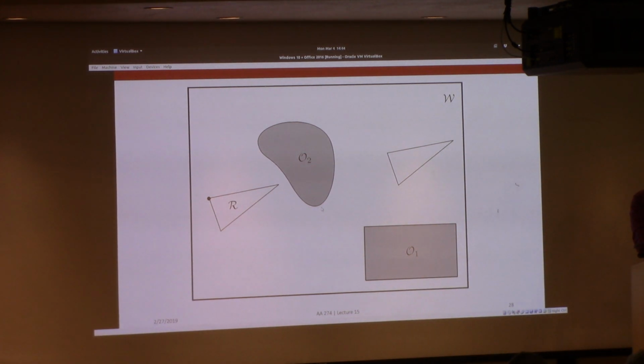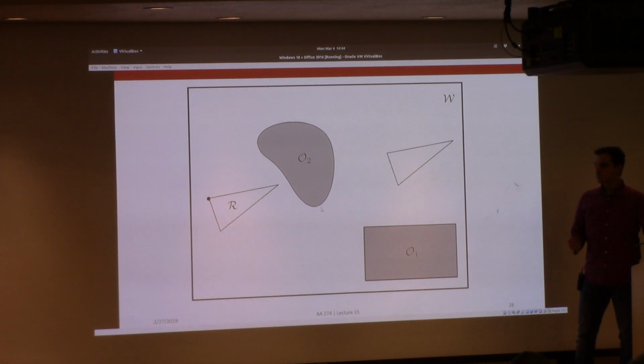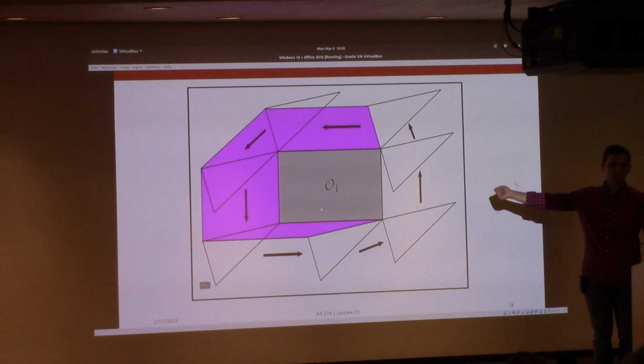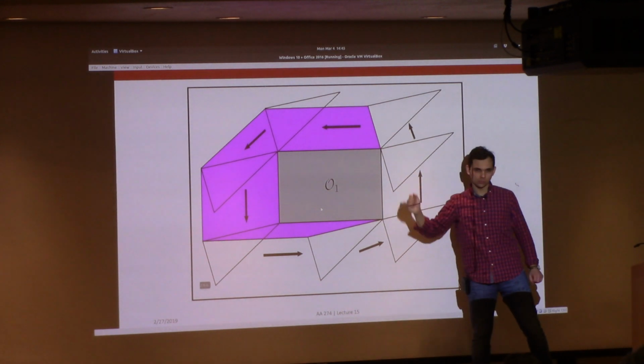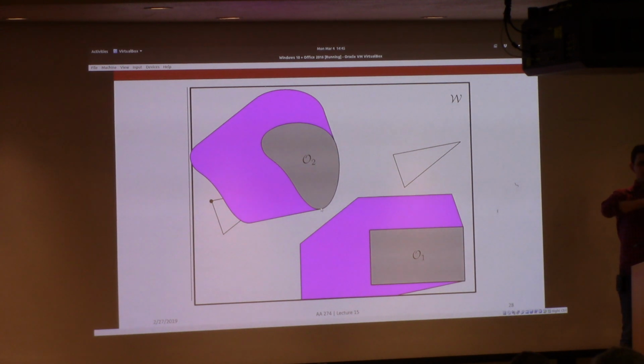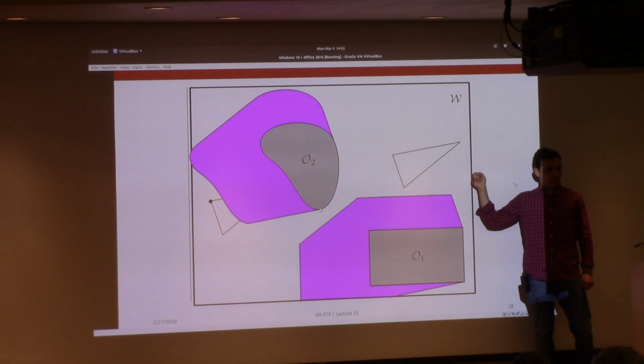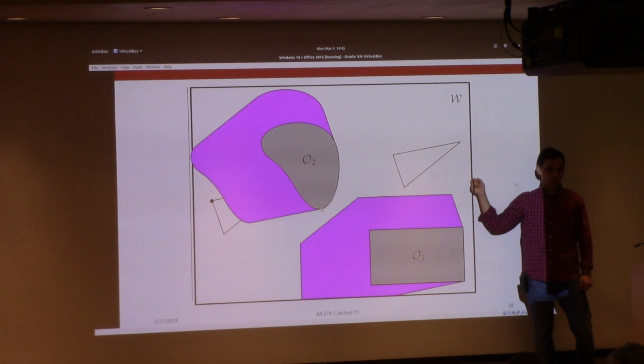The next step will be to compute the free space of the environment by computing the forbidden region for each of the obstacles independently. And how do we do that? By the illustration that I just showed you, computing those purple regions. Then we overlay the purple regions together. But here again, we ignored one obstacle that is already in the environment, which is the boundary of the workspace.